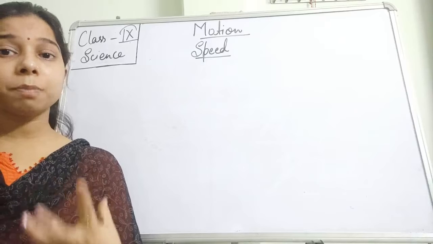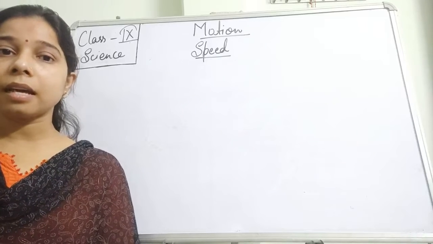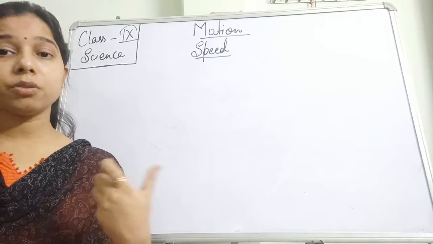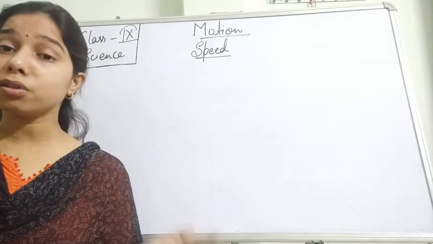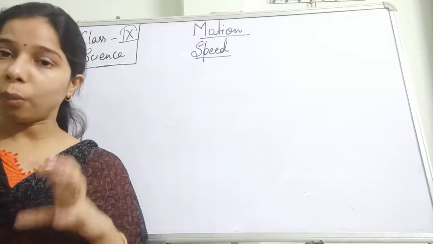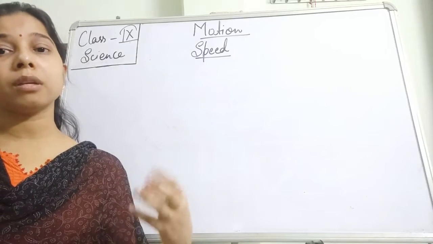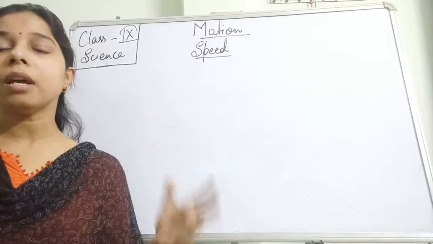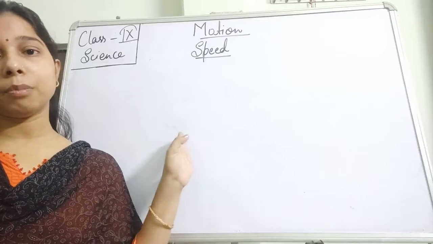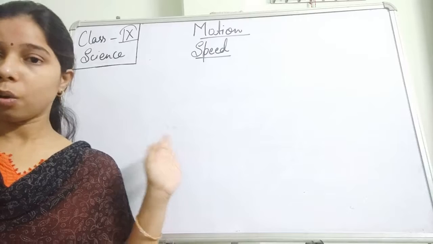So what does speed tell? Speed tells how fast or how slow an object is. Whether the object is showing a slow motion or a fast motion, we can describe that with the help of speed.